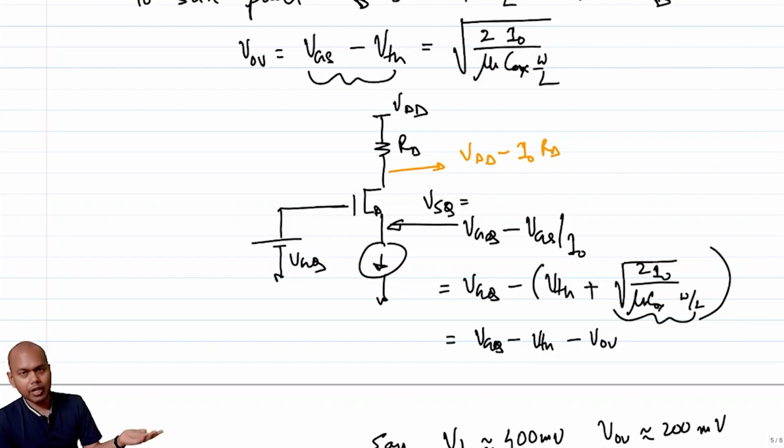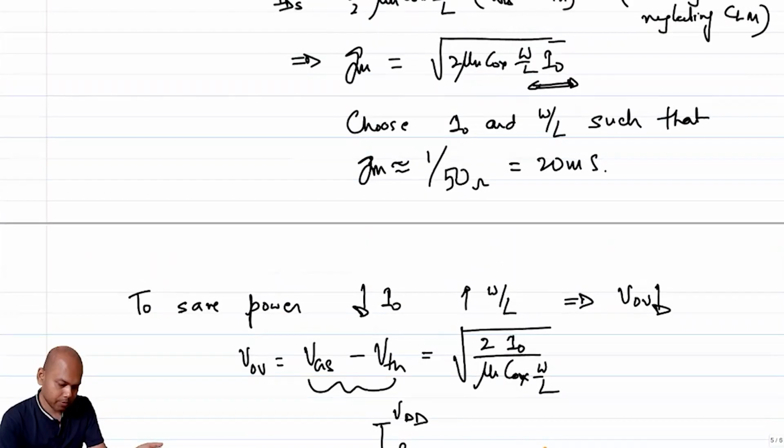So you are not going to get any gain. That we have to stay away from. But this is only the biasing constraint, and we know that we have signal current also, right? What is the signal current that we expect? And if everything is matched, what is the signal current that we expect?